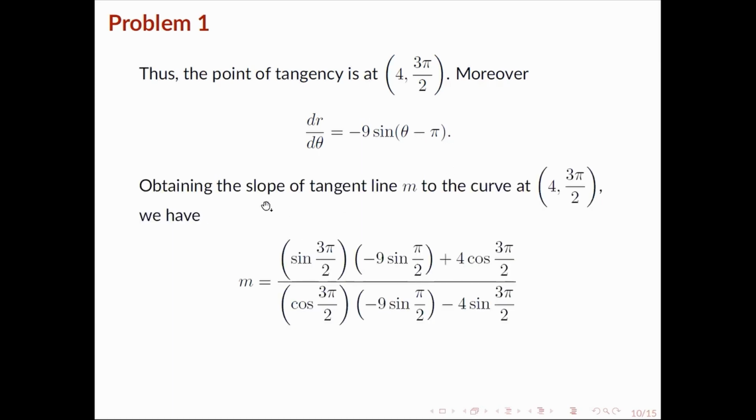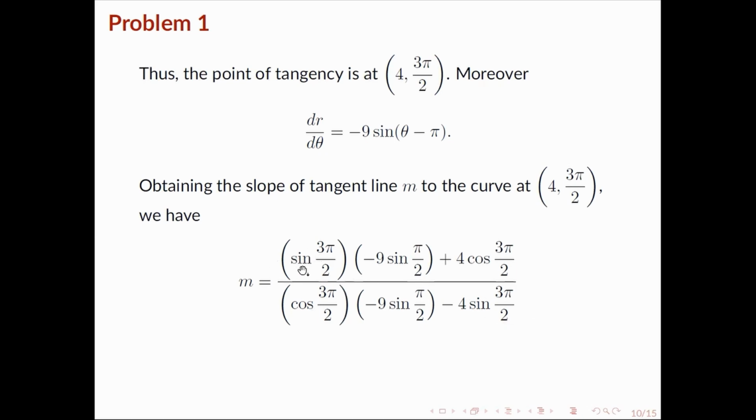Therefore, using the formula for the slope from the recall, we have m equals sine of 3 pi over 2 multiplied by the derivative of r with respect to theta plus 4 cosine of 3 pi over 2, all over cosine of 3 pi over 2 multiplied by negative 9 sine of pi over 2 minus 4 sine of 3 pi over 2.